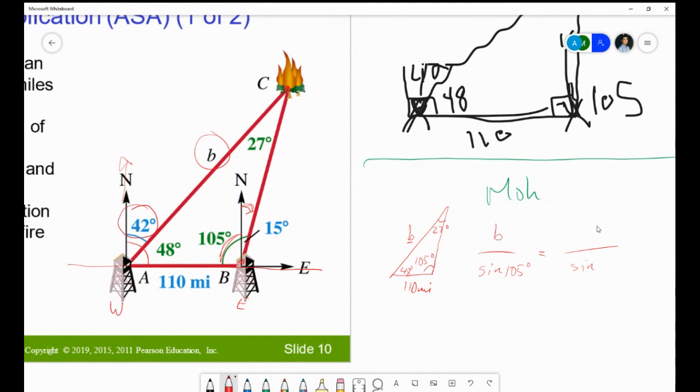The side goes with its angle. The angle here is 27 degrees, and I know that side is 110 miles. So B is 110 times sine of 105 divided by sine of 27 degrees.